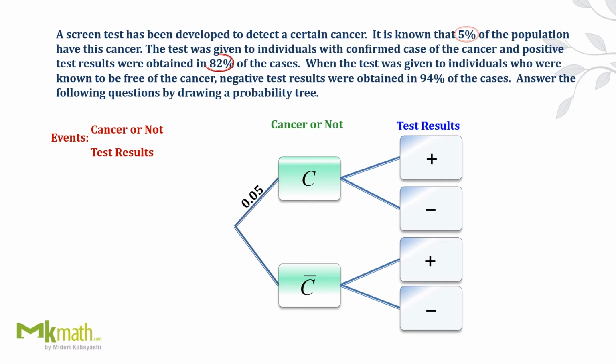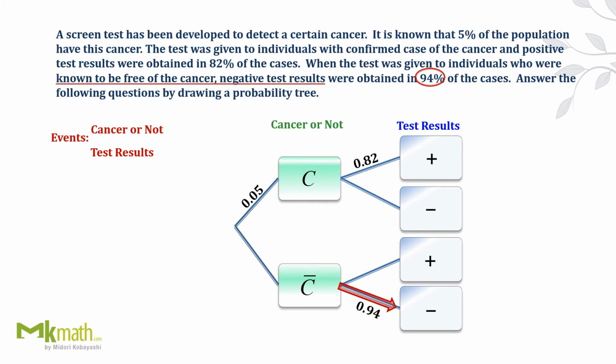For the second number, 82%, it is a positive rate coming from the confirmed cancer cases, so place 0.82 on the branch. For the last percent value of 94%, since it is a negative rate coming from cancer-free cases, place 0.94 on the branch.